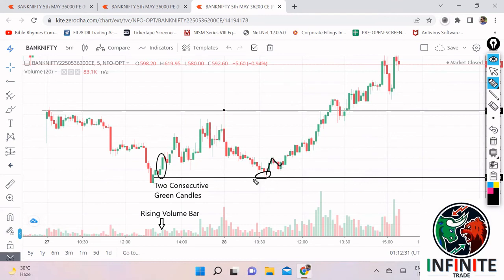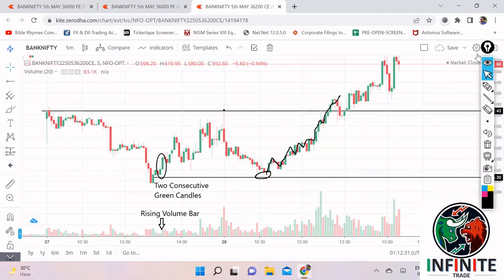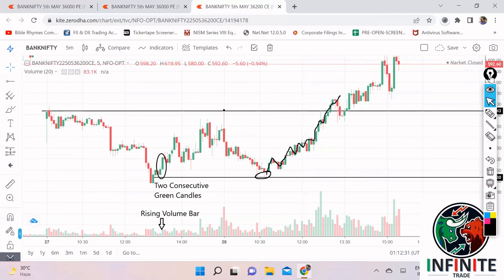Here it did not form an accumulation kind of pattern, but slowly and steadily, since it was an expiry day, the market moved up significantly, from 386 to almost beyond 600. That's the kind of move the market gave.